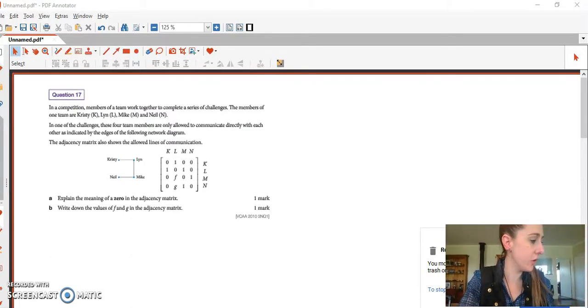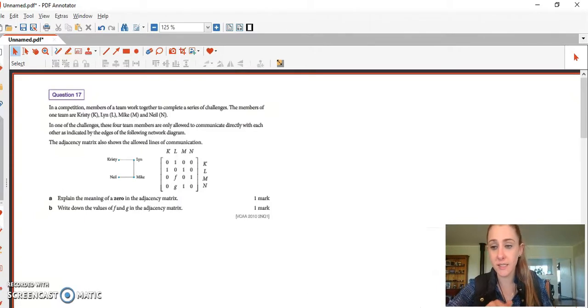Hopefully you've gone okay with some of the early ones, but just having a look at a couple of them, I want to reiterate the need to sometimes redraw the graph, taking the information and simply uncrossing some of those edges.